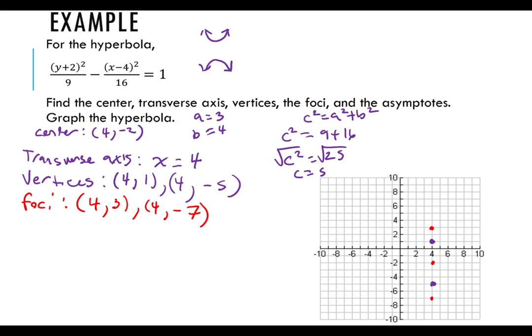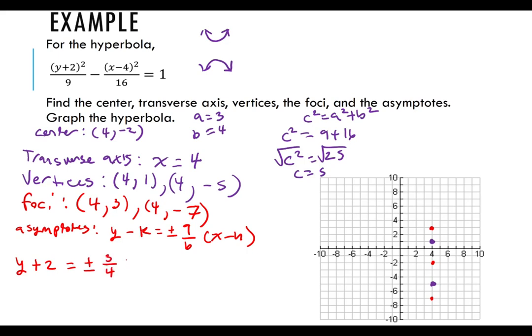And then at this point, remember now that our asymptotes are y minus k is equal to plus and minus a divided by b times x minus h. Y plus 2 is equal to plus and minus a divided by b, that's 3/4, x minus 4.